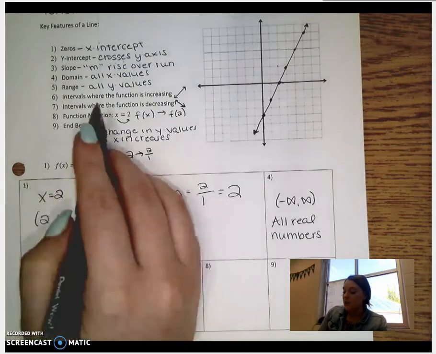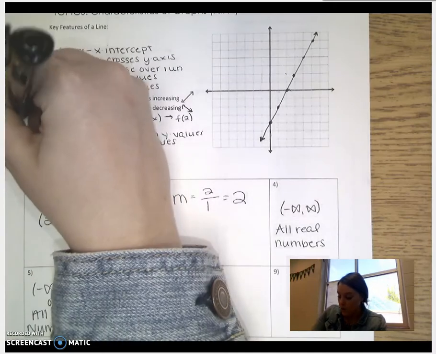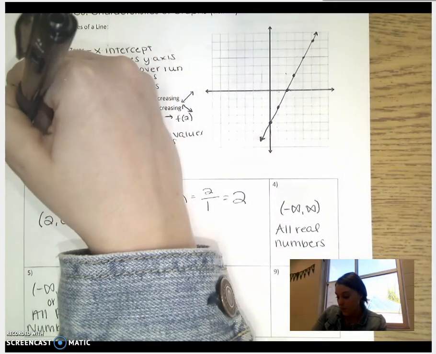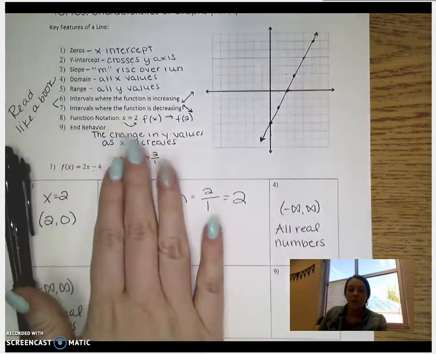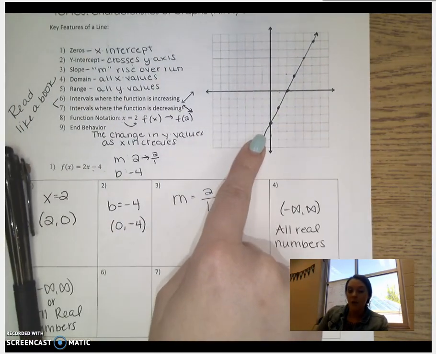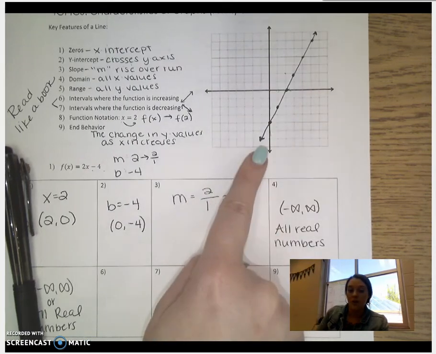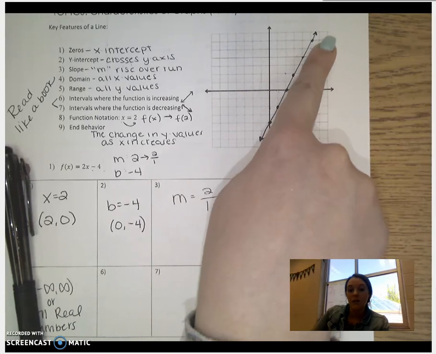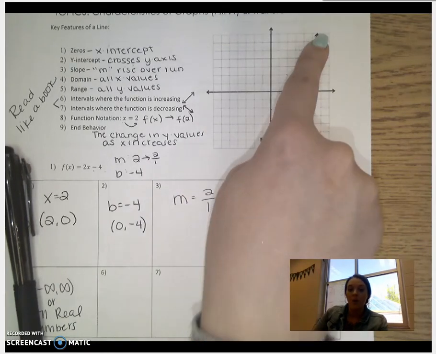Number 6 is intervals where the function is increasing. So for 6 and 7, you are going to read the function like a book. So I'm going to read this from left to right. So I'm going to follow my graph all the way from the left-hand side all the way to the right-hand side. And I notice it's constantly going up. At no point am I going down. I'm going up, up, up, up, up.